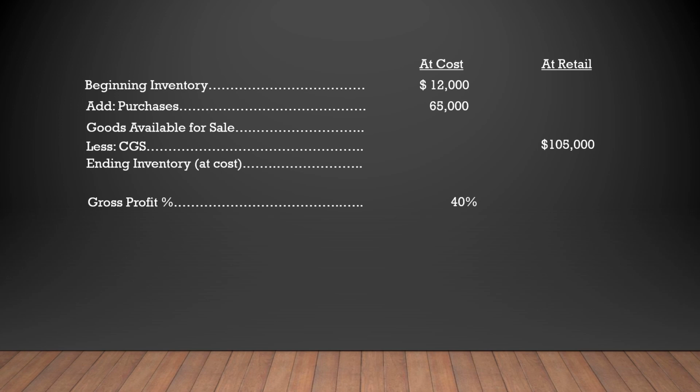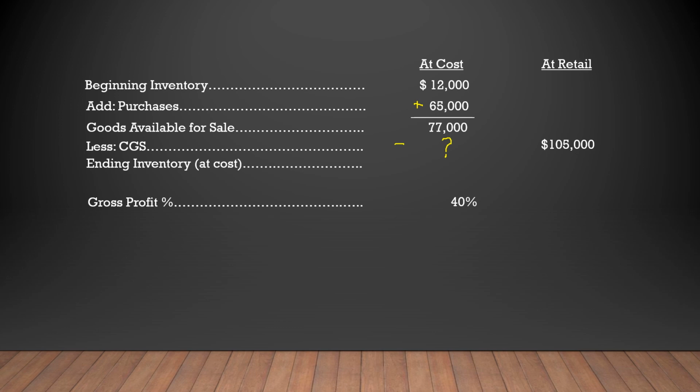Here we have another example with all the information needed to apply the gross profit method. Obviously, we must first determine goods available for sale by summing beginning inventory plus our purchases. Now, we're just one piece away from figuring out ending inventory at cost. If we knew our cost of goods sold, we could just subtract that number from our goods available for sale, and we'd have our ending inventory at cost.